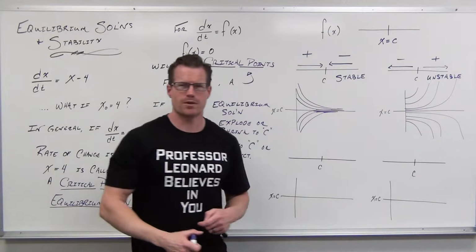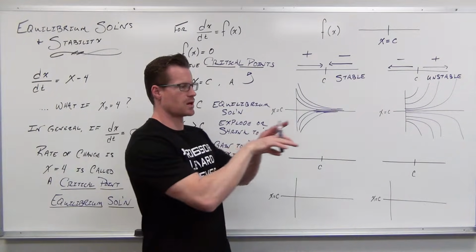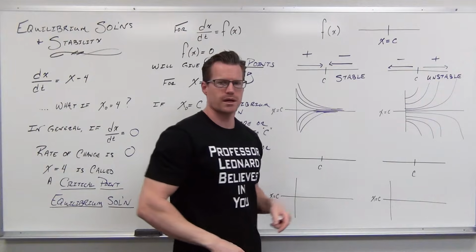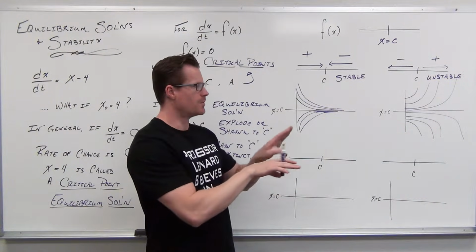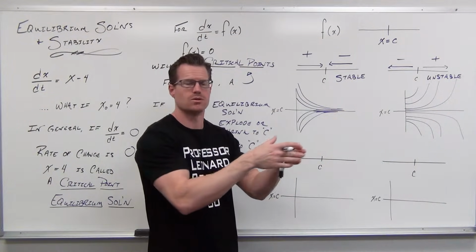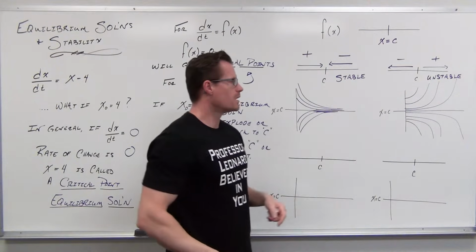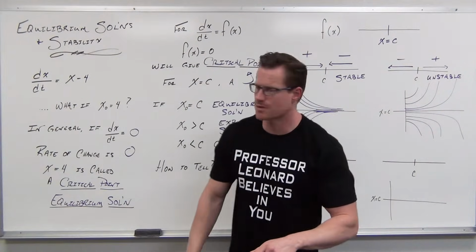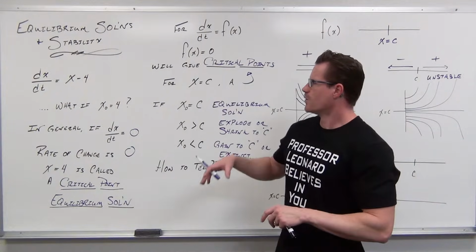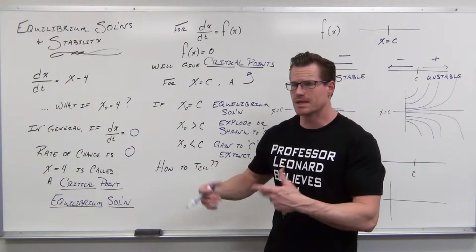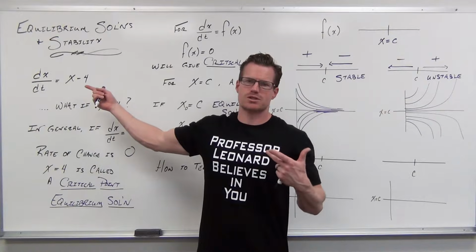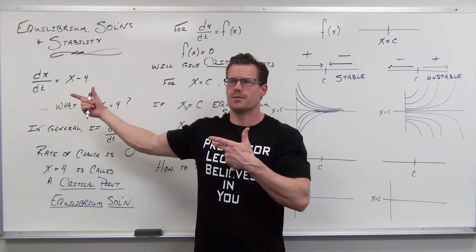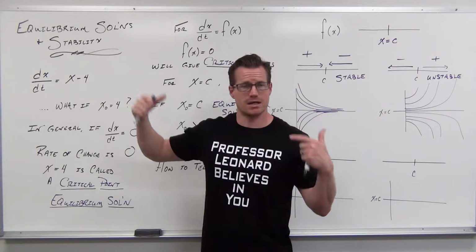And a lot of people refer to that as a spout. So a spout says, I'm going away from it. Kind of going out from. Funnel means going into, spout means going out from this particular critical point. I hope this is making sense. I hope you're seeing the relationship. I hope I made it very clear that what an equilibrium solution really means is that your slope's not changing. If your slope is zero, that means your function can't change.